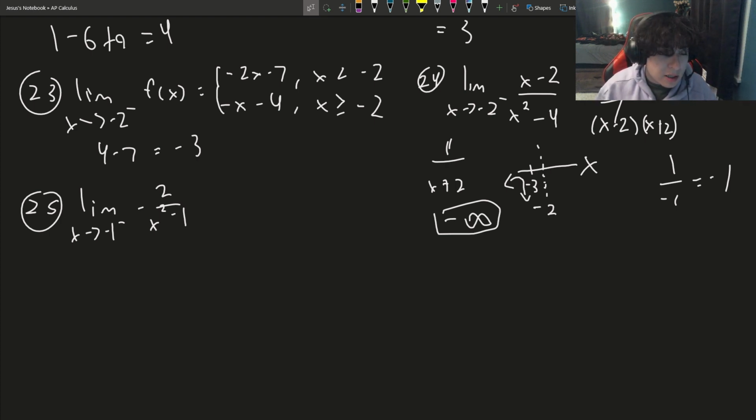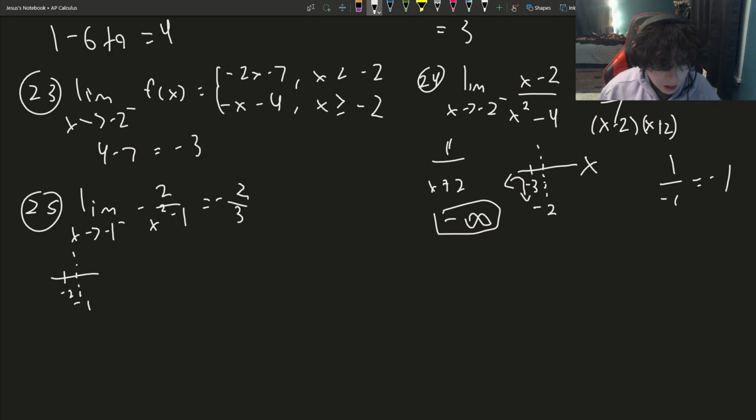So we just do the sign analysis test again. We choose negative 2. You put in negative 2, and then you get negative 2 squared, which is 4. 4 minus 1 is 3. It's going to be negative 2 over 3.